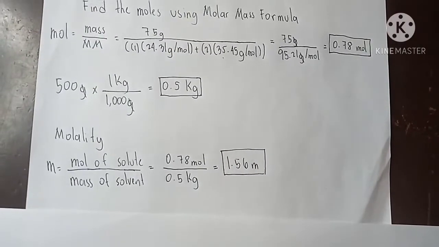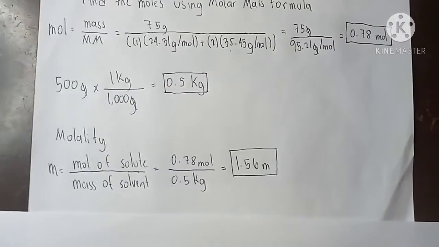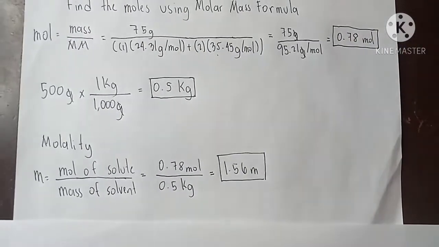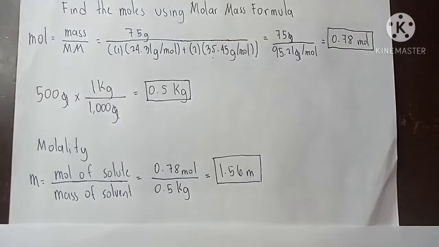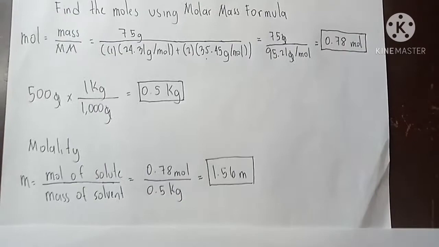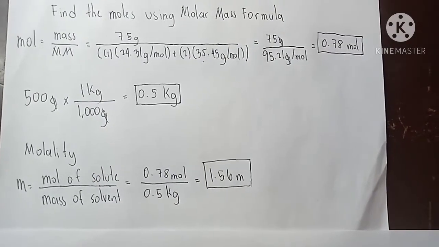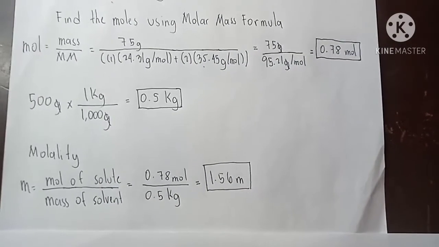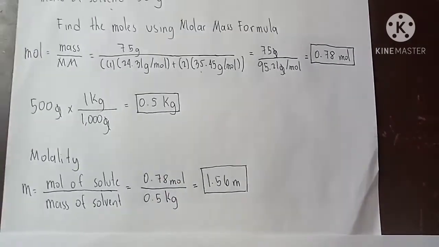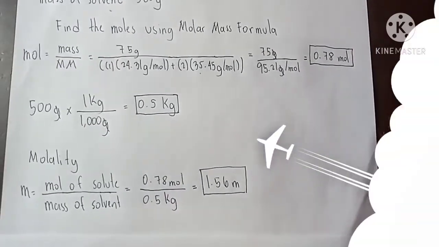So m is equal to mole of solute divided by mass of solvent, which is equal to 0.78 mole all over 0.5 kilogram. It is equal to 1.56 m. So that's how you calculate the molality.